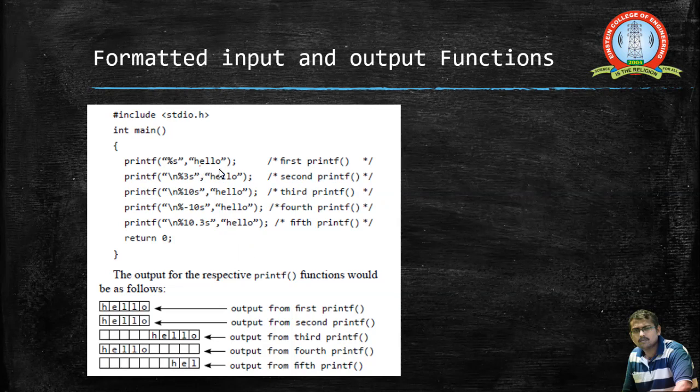Now in the second statement, what I am specifying is the width to be equal to 3. So the width is 3, but actually I have more than 3 characters, almost 5 characters here. Since I have more characters, there won't be any problem. It will be printed as such.